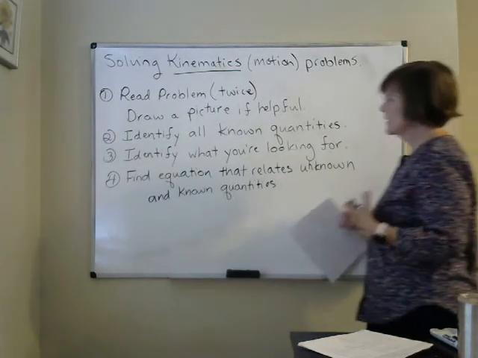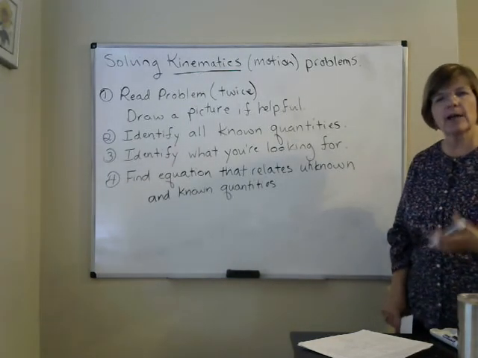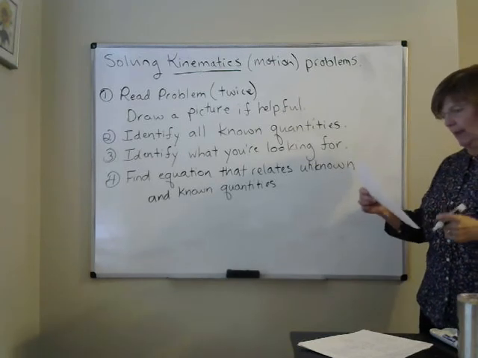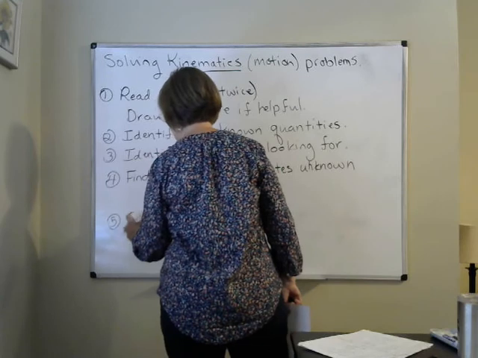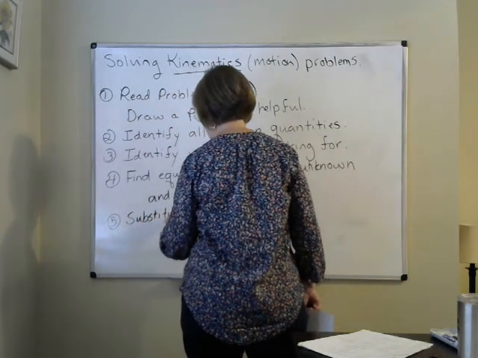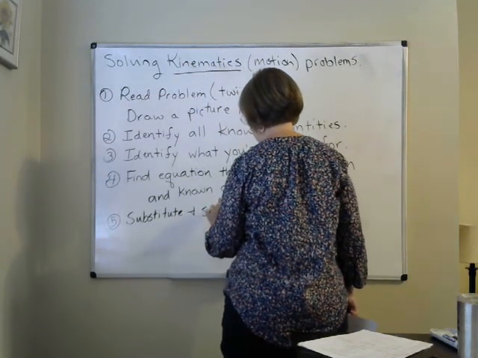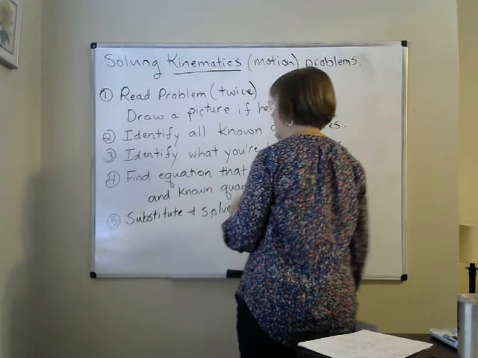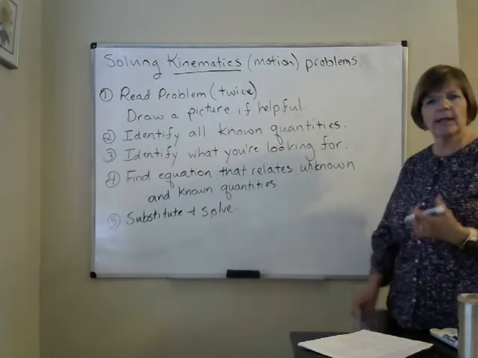I've got to find the equation that will take what I know and I can use it to find what I'm looking for. Once you do that, substitute and solve. Plug in all of those known quantities into that equation and solve for that unknown quantity.